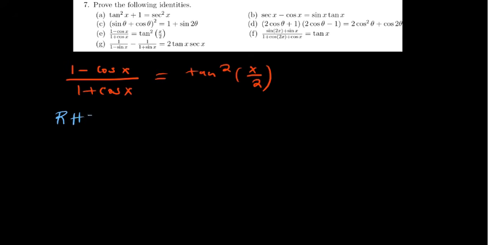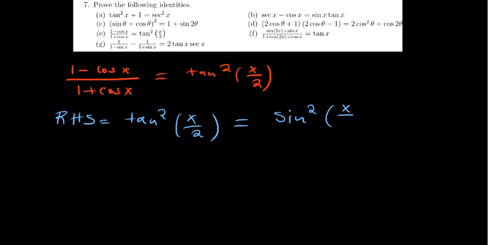The right hand side becomes equal to tan squared x over 2. Now tan is the same as sine over cosine, so we're going to have sine squared of x over 2 divided by cosine squared of x over 2.